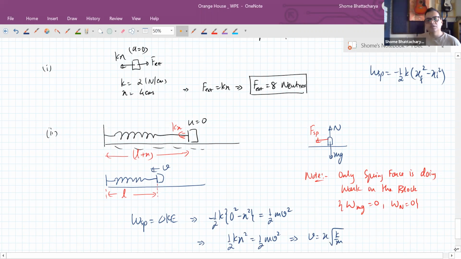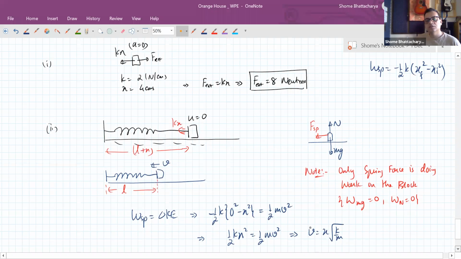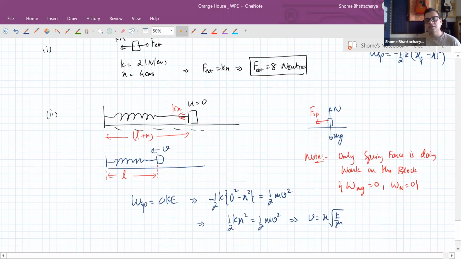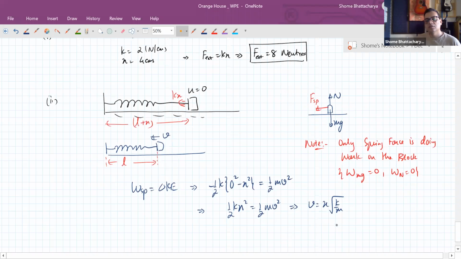Now when we are substituting here, we must substitute in SI units. So v will become, now initial x was how much? 4 centimeters. So 4 into 10 raised power minus 2. K was how much now? 2 newtons per centimeter. So that is 200 newtons per meter.